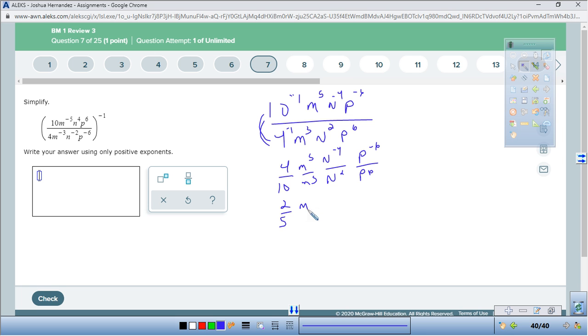This one becomes m to the 5 minus 3. This one over here now becomes n to the -4 minus 2, and p to the -6 minus 6.